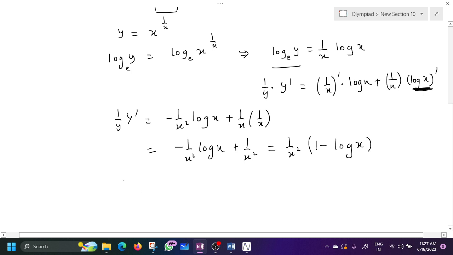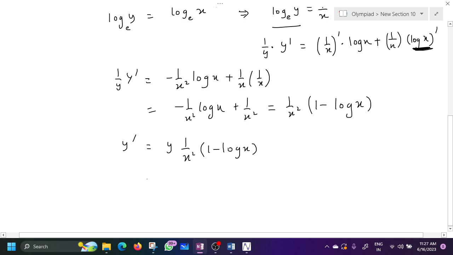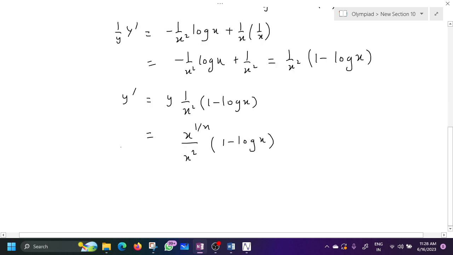So finally rewriting the equation in a derivative form, you get y dash or y prime is equal to y times 1 by x square times 1 minus log x, or y was x to the power 1 by x, over x square, and you have 1 minus log x, and now you have this quantity equal to y dash.